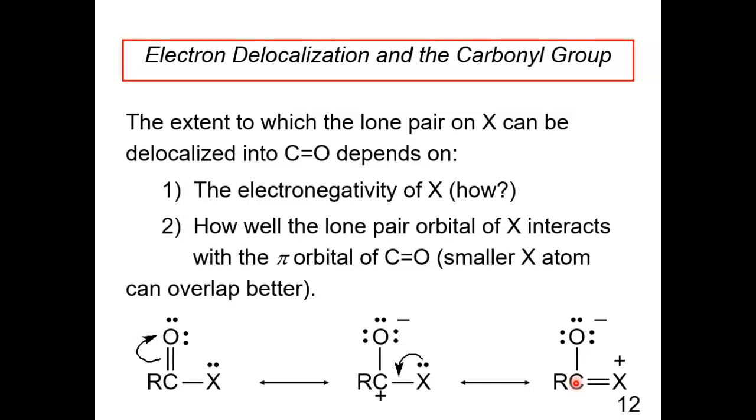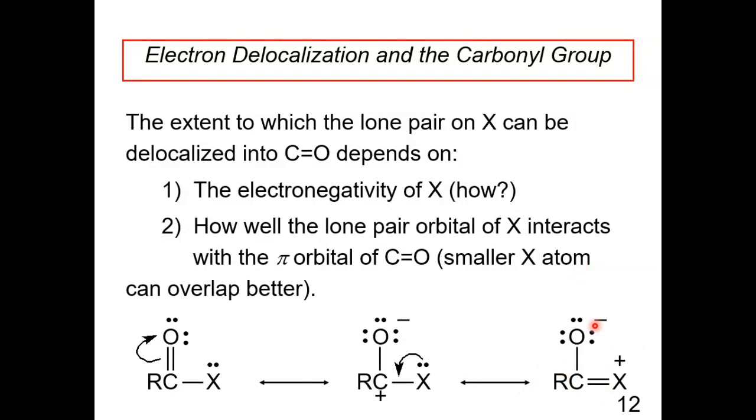The length. So if you are comparing carbon-heteroatom double bonds, the shorter the double bond is, the stronger it is. If the double bond is stronger, that means this form is going to be more stable.